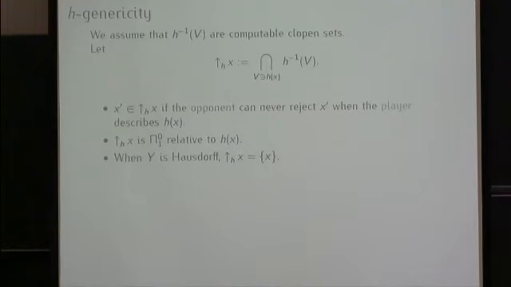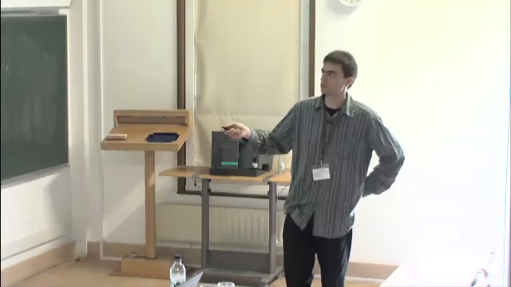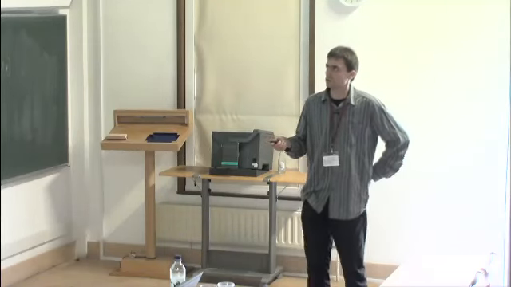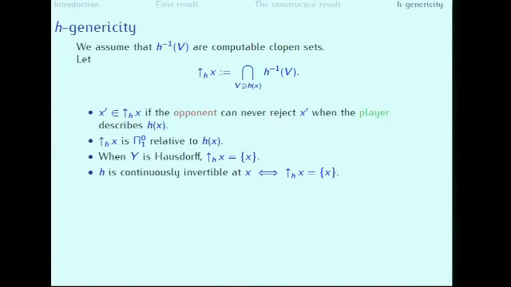So we consider the case when Y is not Hausdorff because otherwise it's just a singleton. And we get this equivalence that H is continuously invertible if and only if this set is just X, which means that from H of X you can recover X. And locally continuously invertible means that X is isolated in this set.